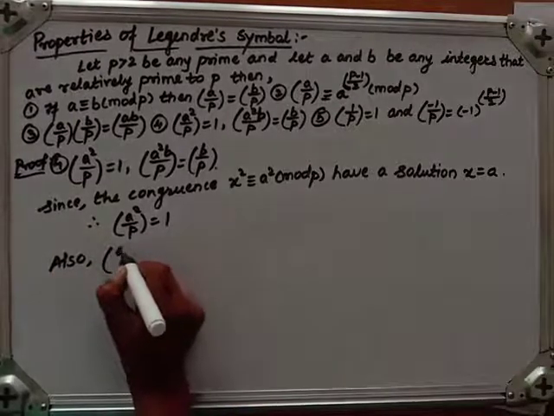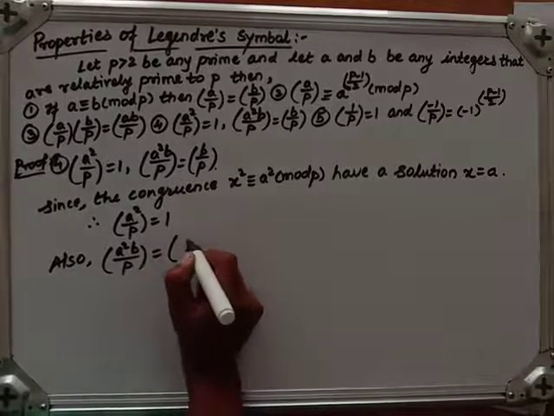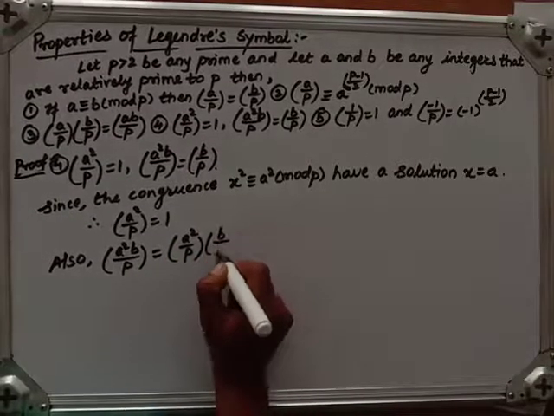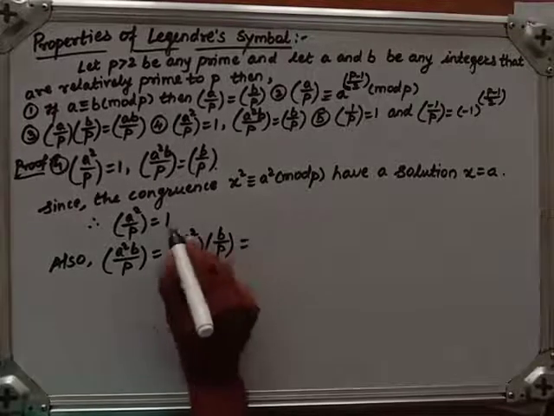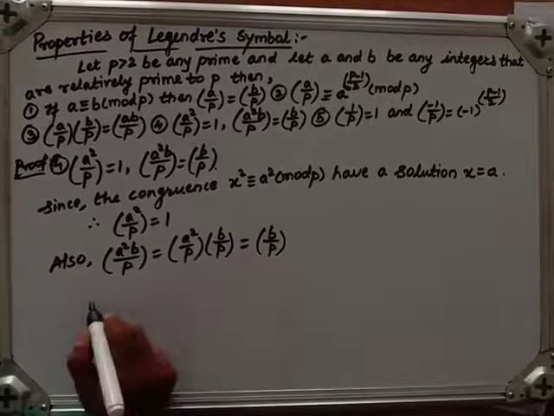Also, Legendre symbol of a square b by p is the same as Legendre symbol of a square by p times Legendre symbol of b by p. So using this, we get Legendre symbol of b by p.